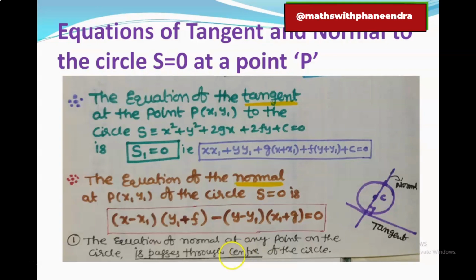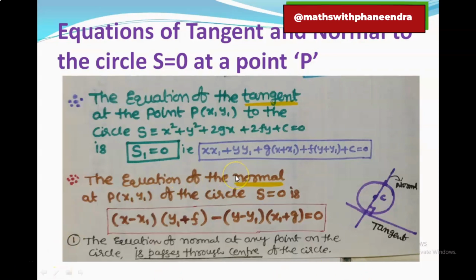This is the normal equation which is perpendicular to the tangent. This normal is passing through the center of the circle. That means this is an if and only if condition: any line that passes through the center of the circle represents a normal equation.